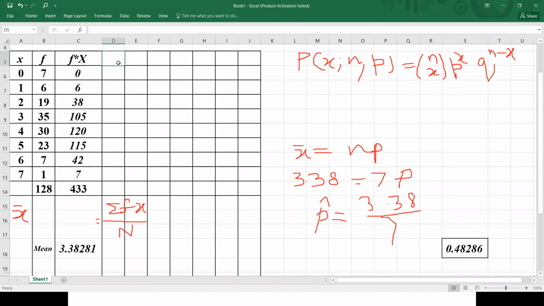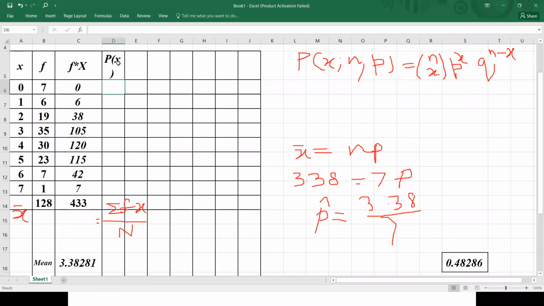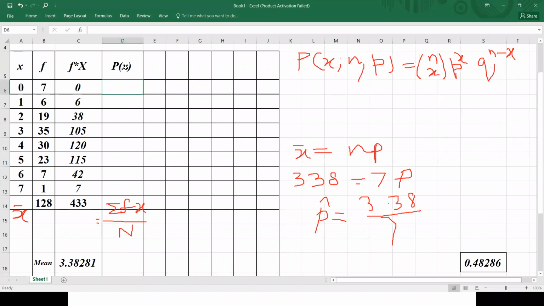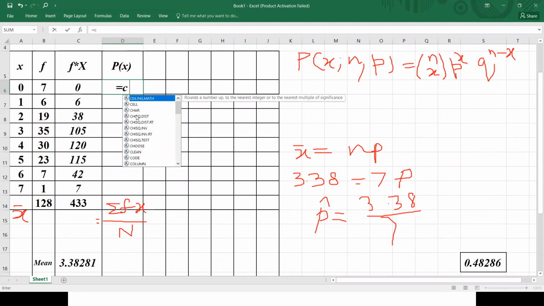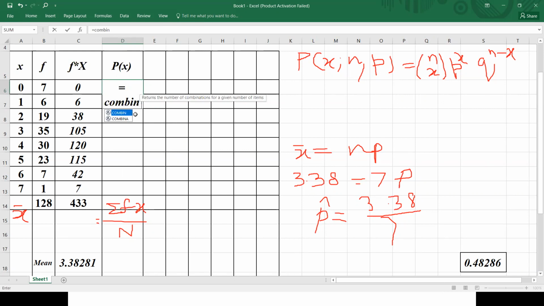Probabilities, P(x) is equal to NCx. NCx means what? Combinatorial. COMBIN. All of you are familiar with this function for finding the combinatorial. And the value of N is what? NCx, 7 combination x. And x is this number. 7C0 multiplied by P raised to the power 0.